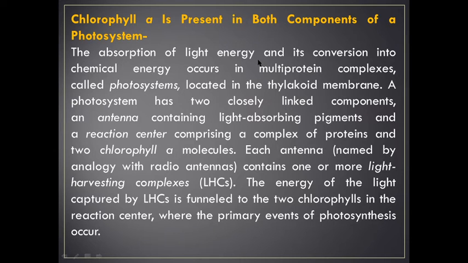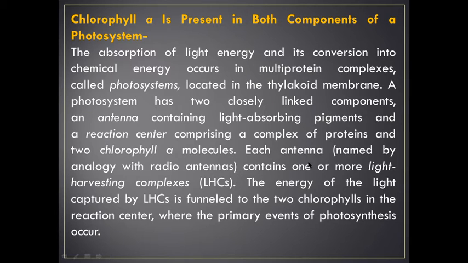The absorption of light energy and its conversion into chemical energy occurs in multi-protein complexes called photosystems located in the thylakoid membrane. A photosystem has two closely linked components: an antenna containing light absorbing pigments and a reaction center comprising a complex of proteins and two chlorophyll A molecules.